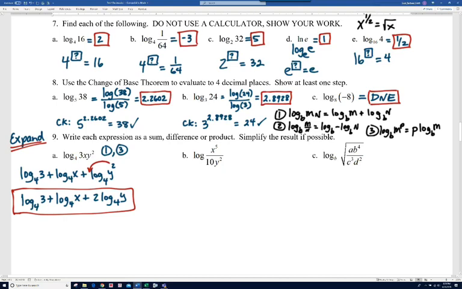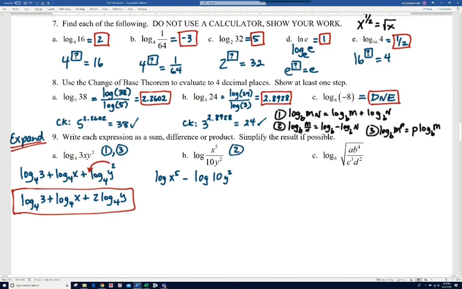I can't use the power rule. I also can't use the product rule because I can't just ignore that I have a numerator here. So the only one that I could use is the quotient rule. We do have a quotient of 2 things. And so this is the log of x to the 5th minus the log of 10y squared. We're just using property 2.